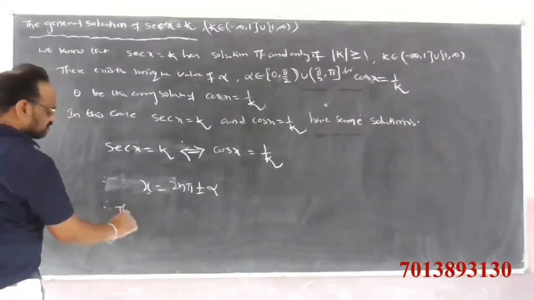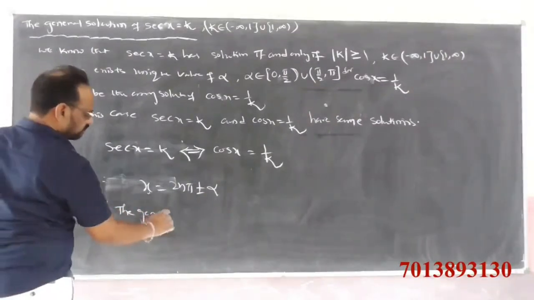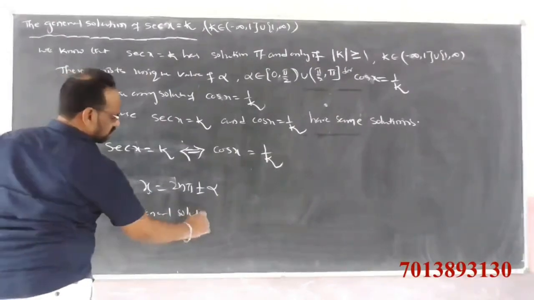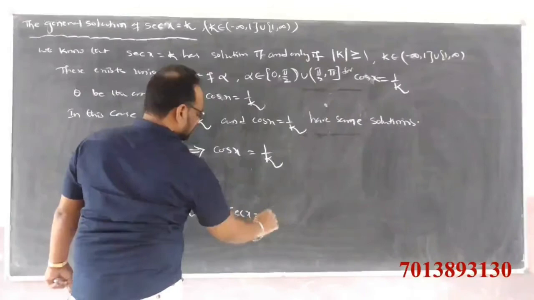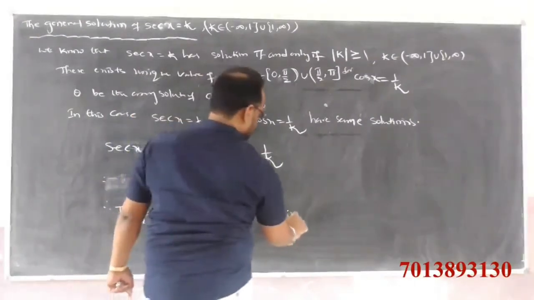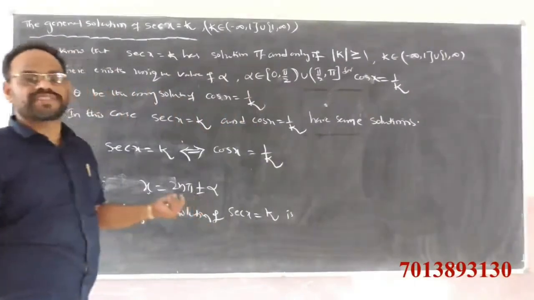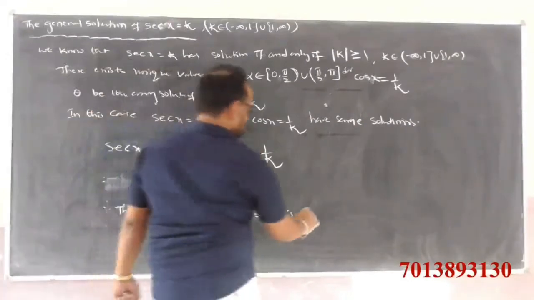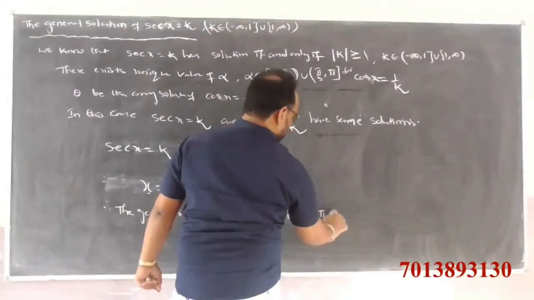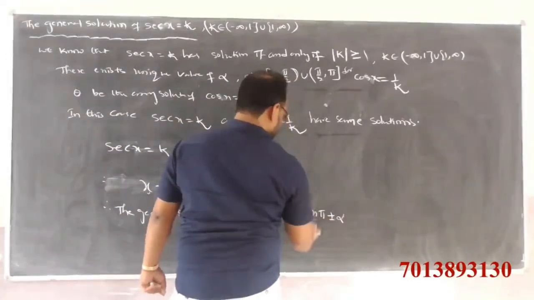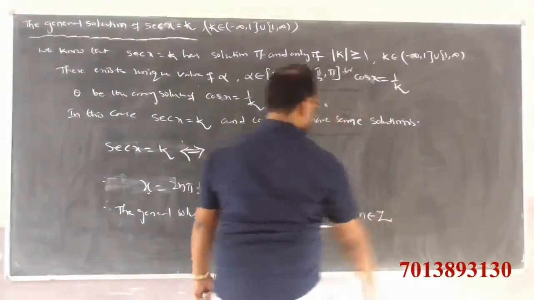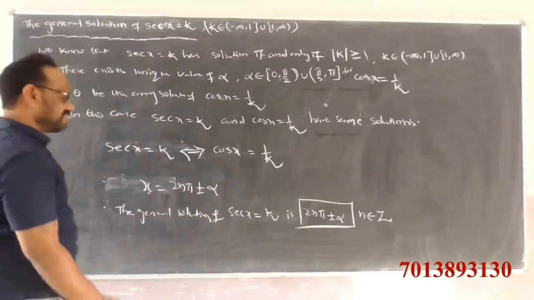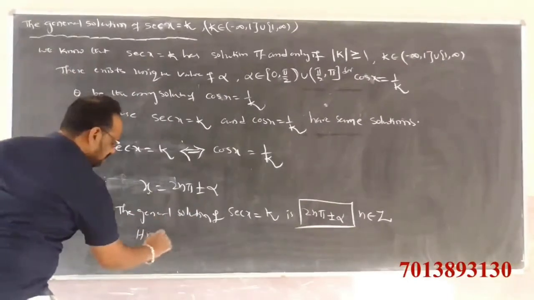Therefore, the general solution of secant x equals k is 2n pi plus or minus alpha, where n belongs to Z. What is the value of alpha here? Alpha is here.